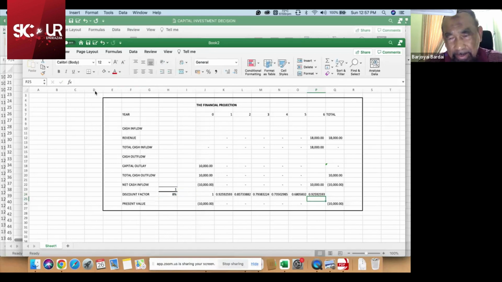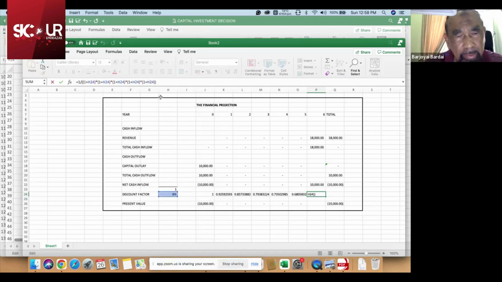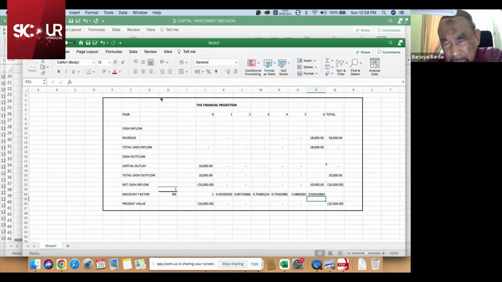It's 24. Right. So the net cash inflow at year 6, is it correct?